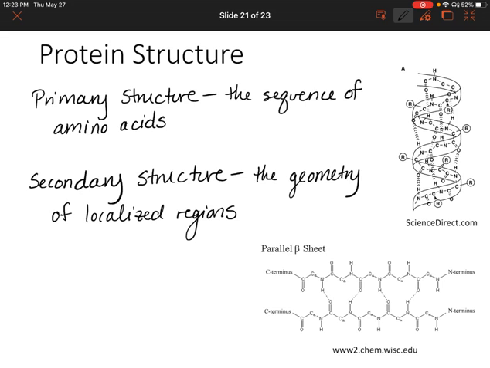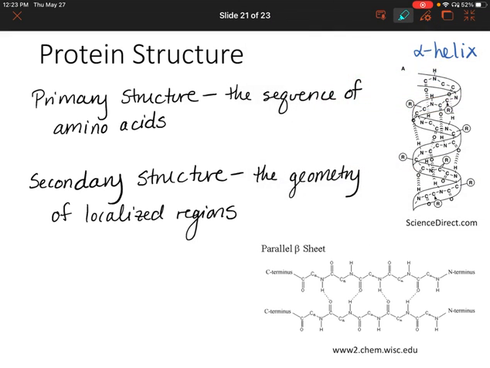The first one on the top is showing amino acids in a chain that are curling in on themselves, so they're forming something called an alpha helix.